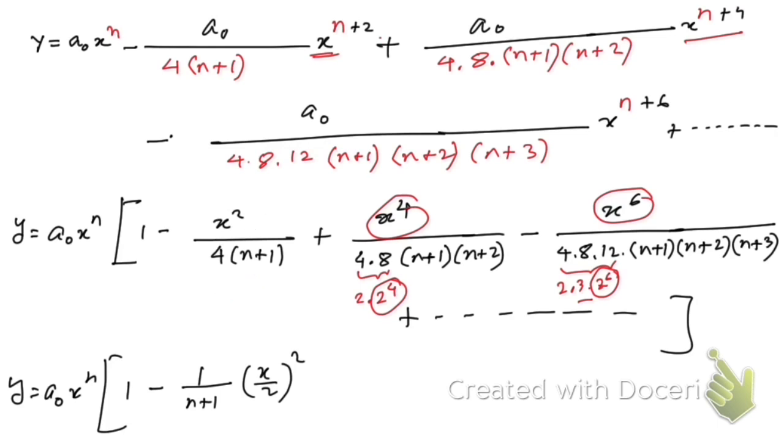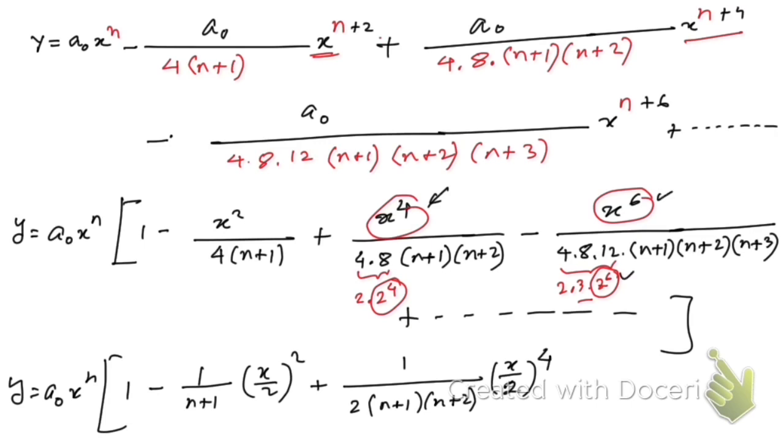Okay, similarly in this term also, we can write plus 1 by 2 into n plus 1 into n plus 2, x by 2 whole to the power 4, right?